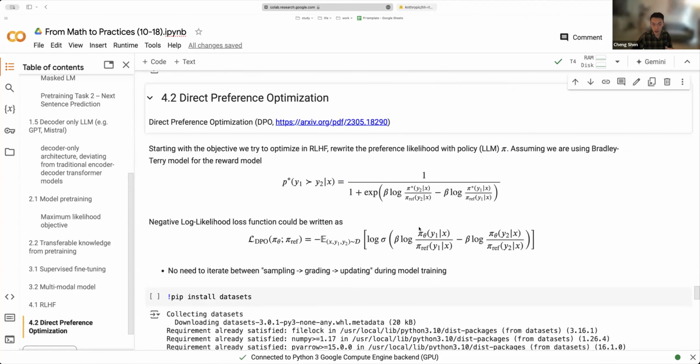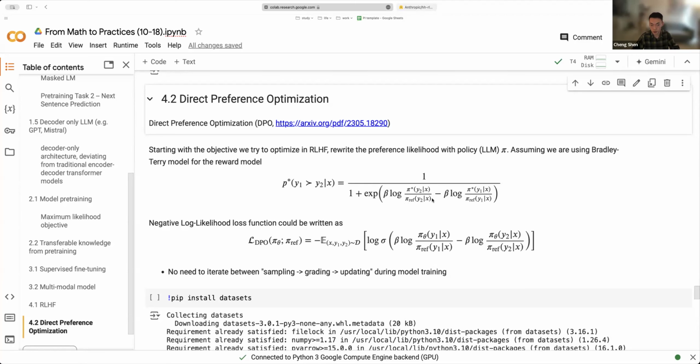The interesting thing here is that the reward model is removed from the picture, and instead the reward model is replaced mathematically in the expression. We can replace the reward model by expressing it in terms of our policy function itself. So when we calculate the reward, we only need our policy model, our large language model.